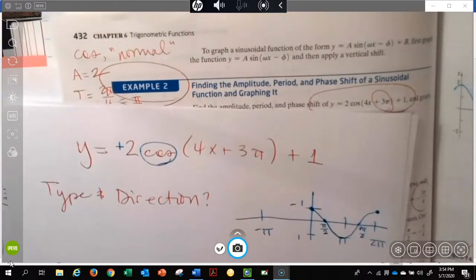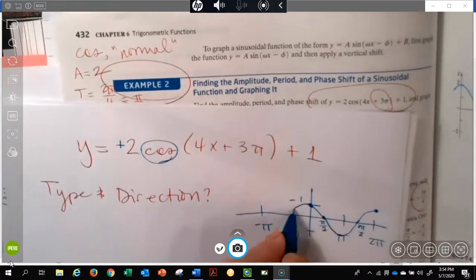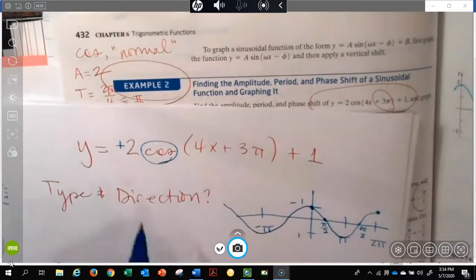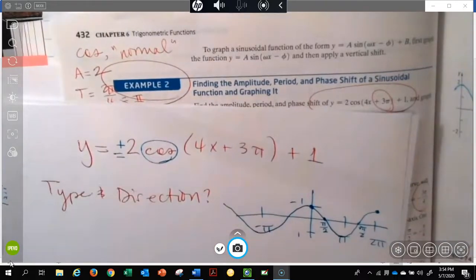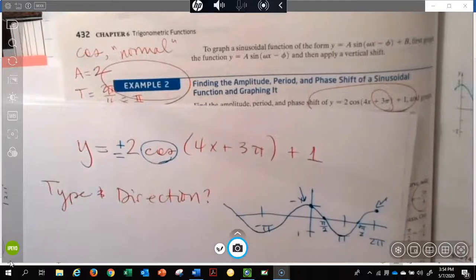That's one complete cycle for cosine. We can replicate that going backwards. The positive tells us it's going to do that normal flow: start up, go down, and then come back up. Okay, that's good to know that it is a cosine.